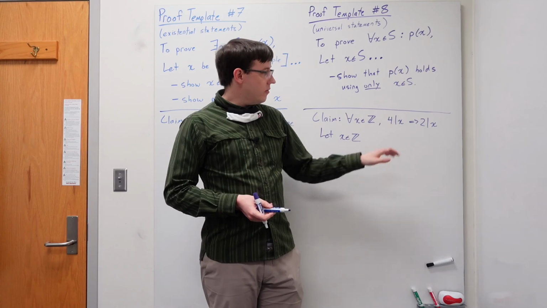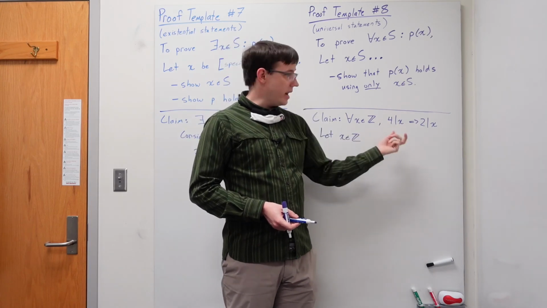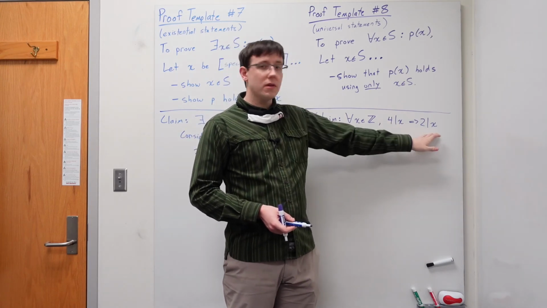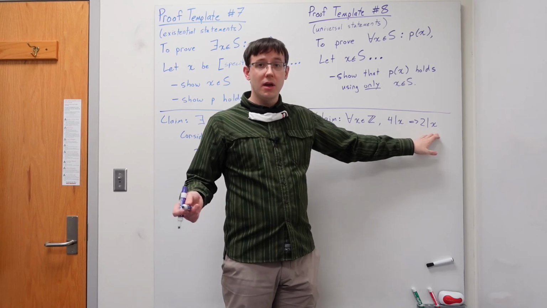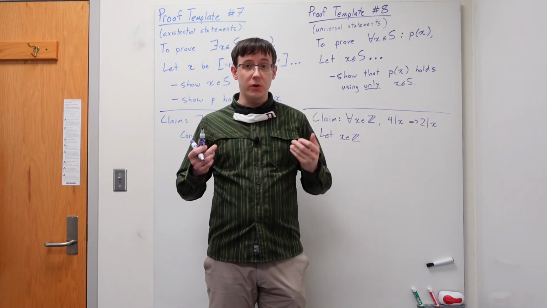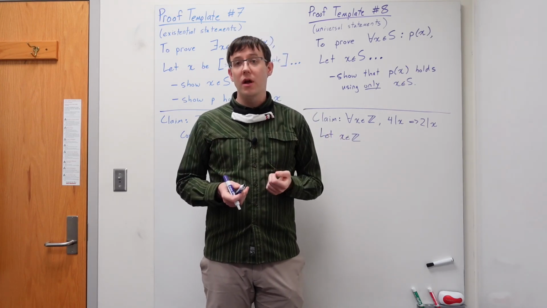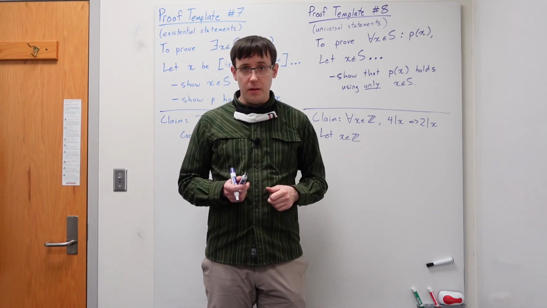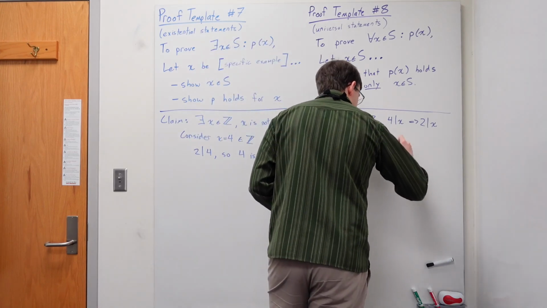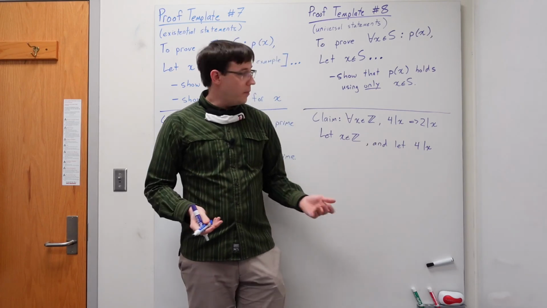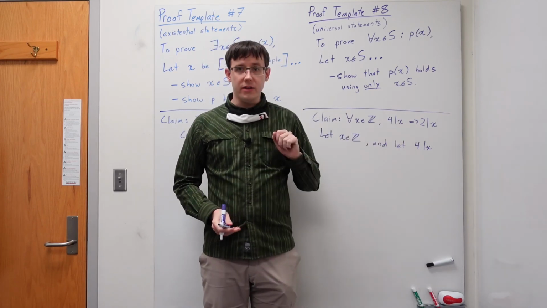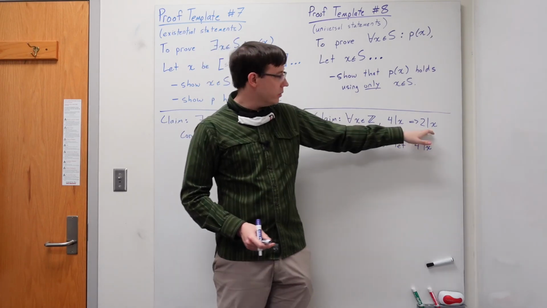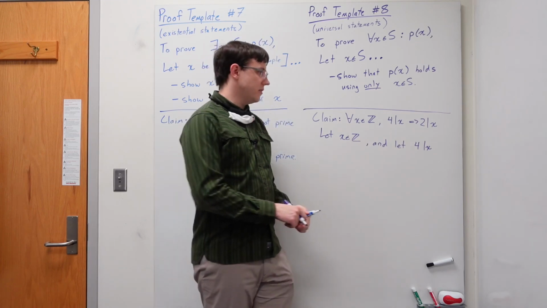But now we have a claim about x that if 4 divides x, then 2 divides x. And we know how to prove if-then theorems with, among others, proof template 1. So we'll hypothesize that 4 divides x, and use that to conclude that 2 must divide x.